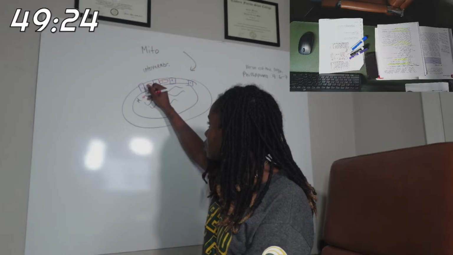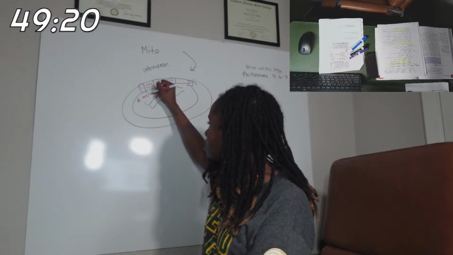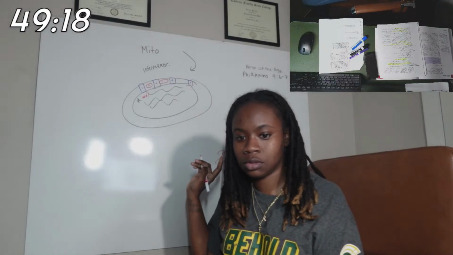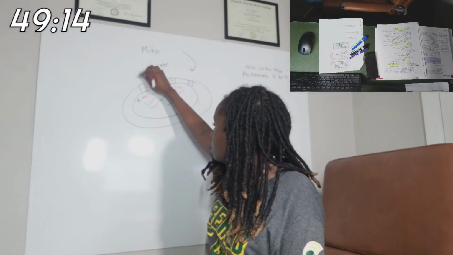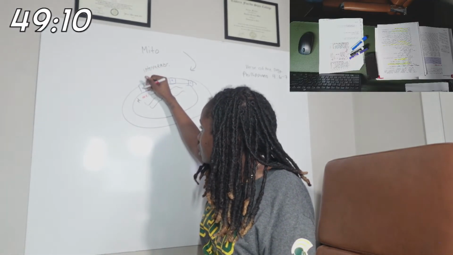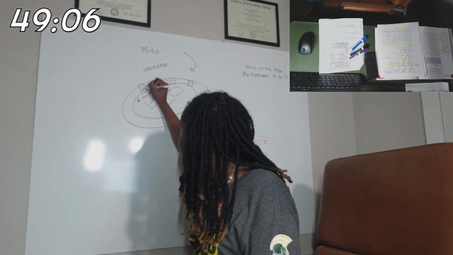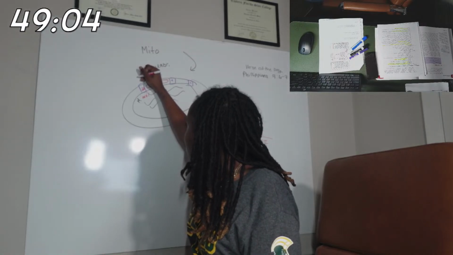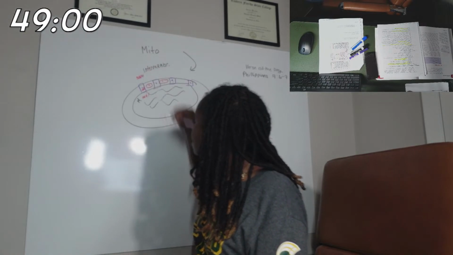NADH donates 2 hydrogens to this right here. This is NAD. In here is NAD plus. Out here, still NADH.